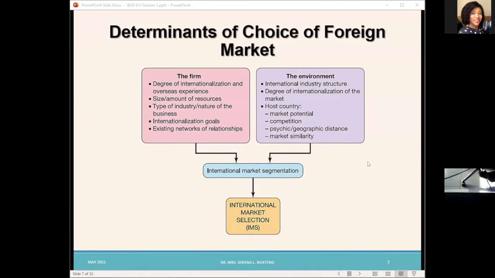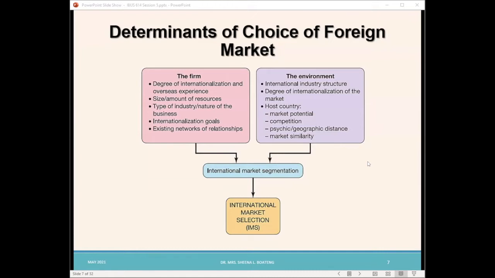Then when it comes to the O and T elements of the acronym, which refer to opportunities and threats, we move into the purple box, which deals with the environment that the firm operates in, including the industry structure, particularly the international industry structure, and then the degree of internationalization of the markets that they are thinking about entering.